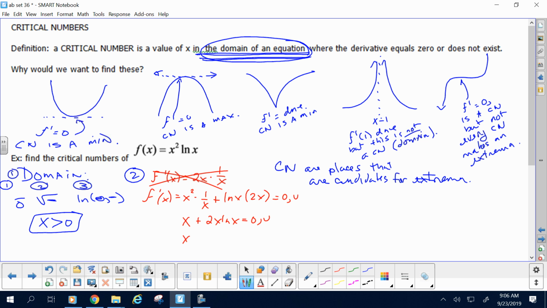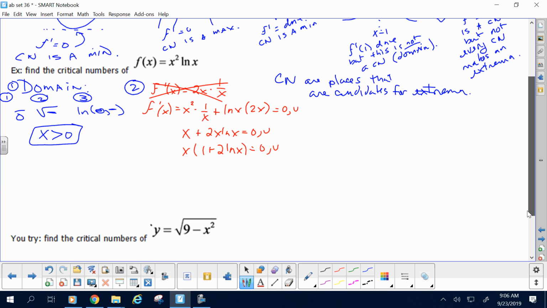Factor out an x. x times 1 plus 2 log of x equals 0 or undefined. So by the zero product rule, doesn't that either mean x equals 0 or 1 plus 2 log of x equals 0 or undefined? All right, I'll come back to the undefined.